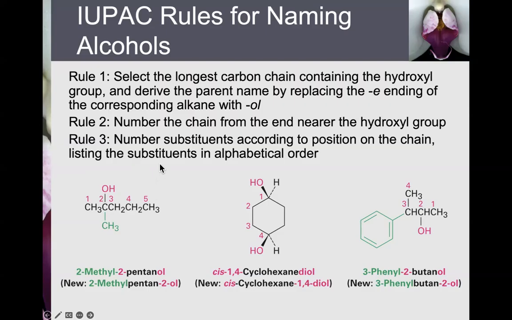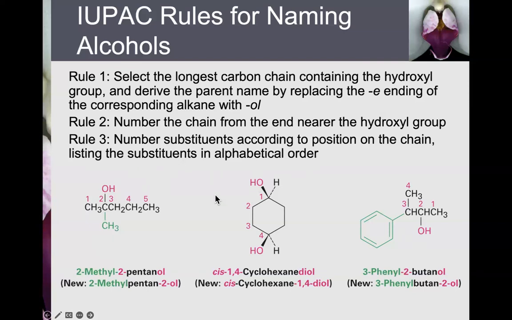So for example, in naming this compound here, 1, 2, 3, 4, so you have 1, 4. Remember, it is cis because the hydroxyl groups are on the same side. So cis-1,4-cyclohexanediol, with di because you have two hydroxyl groups, or cis-cyclohexane-1,4-diol.